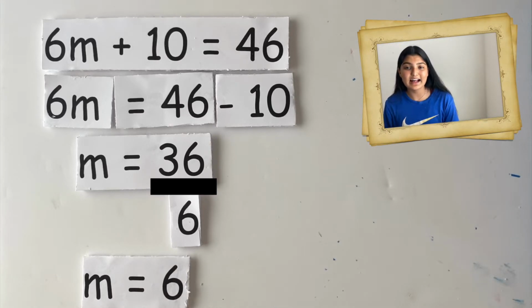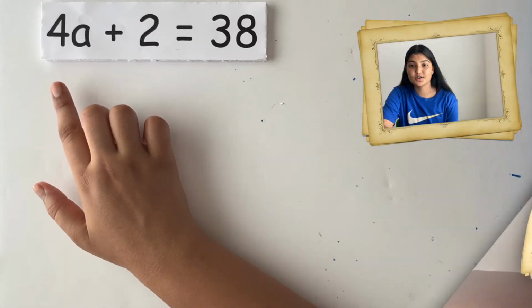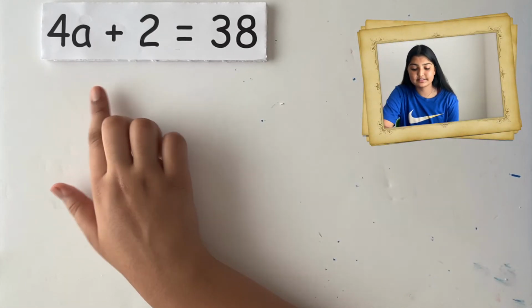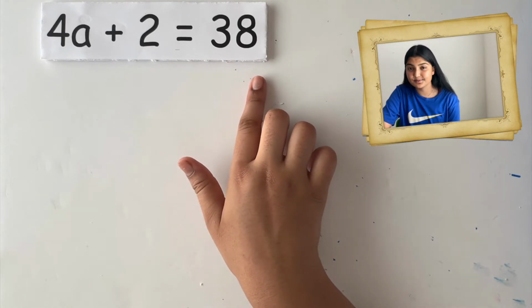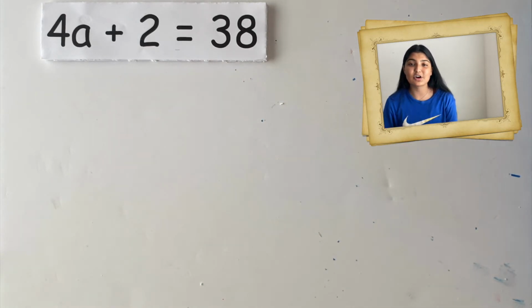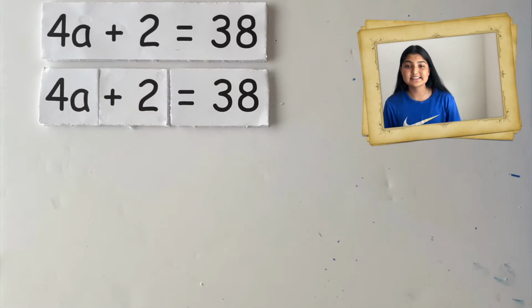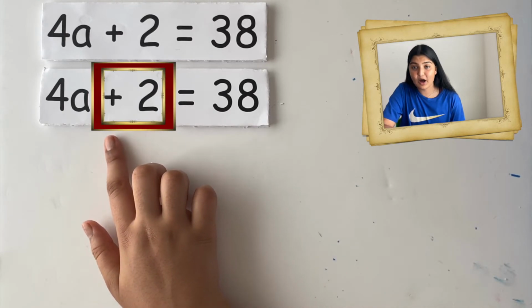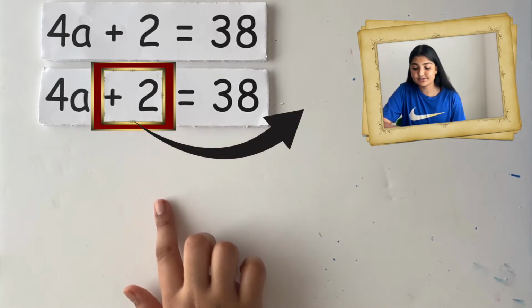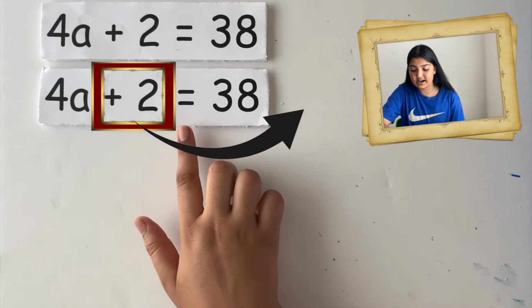Let's look at another example. 4a plus 2 is equal to 38. Let's start by writing this equation again. Let's start by taking the constant, positive 2, to the other side of the equal sign.